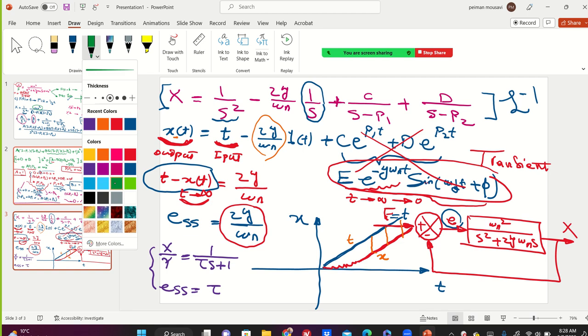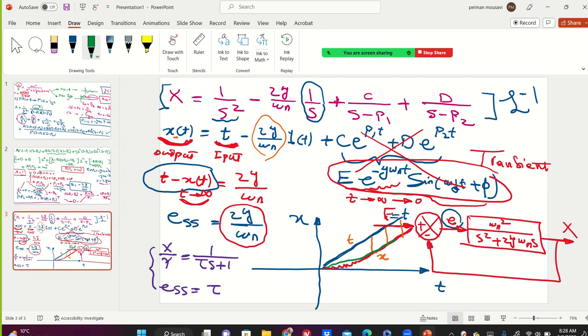In the first order system, we had no oscillation in the transient response. It was like this. But here you see oscillation because of this sine term, because your system is underdamped. We will go to critically damped and overdamped eventually, where you see that the oscillation goes away.